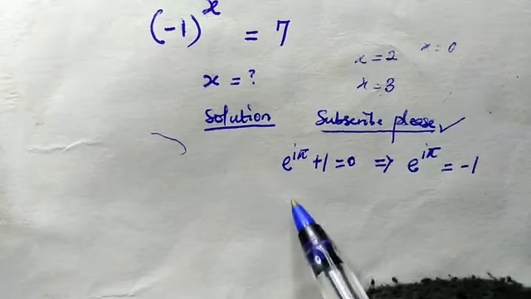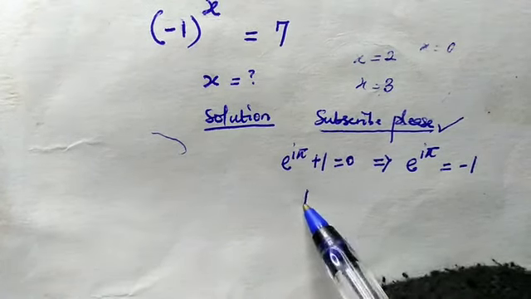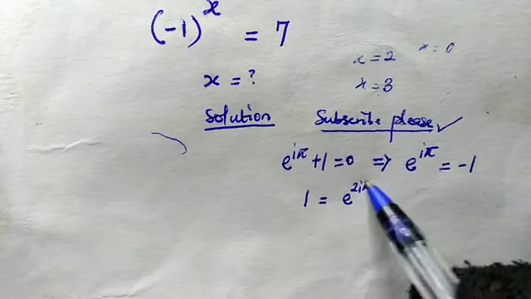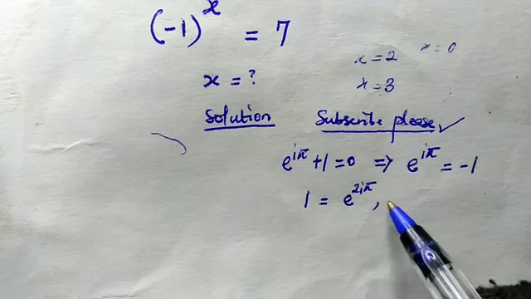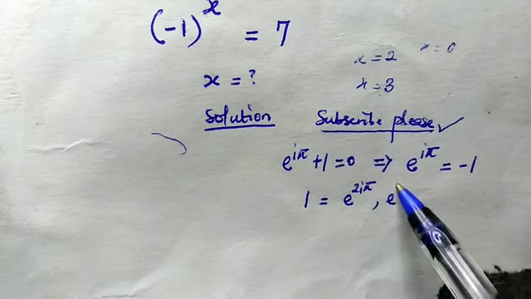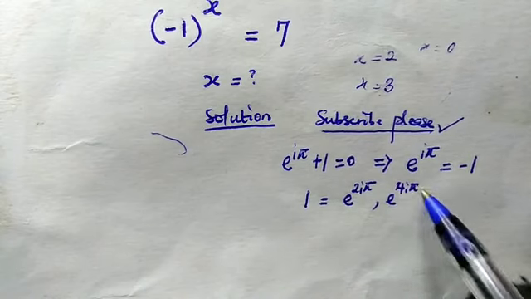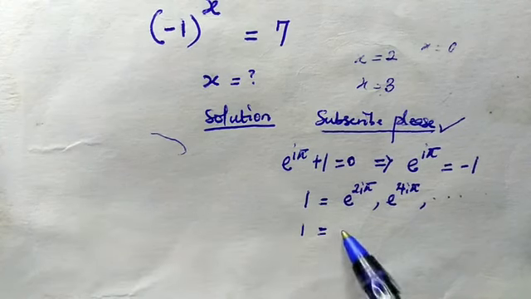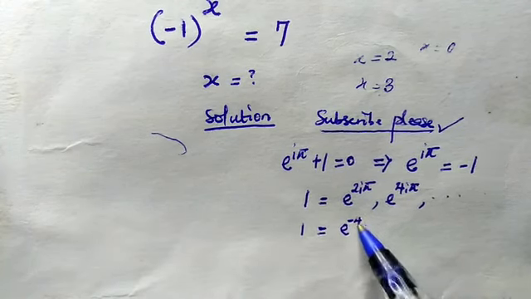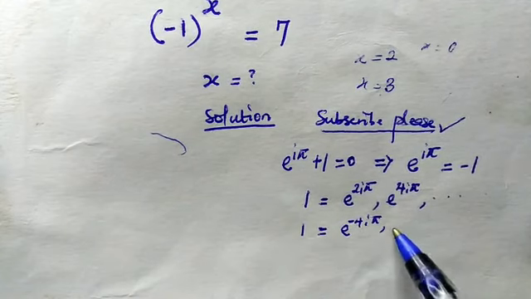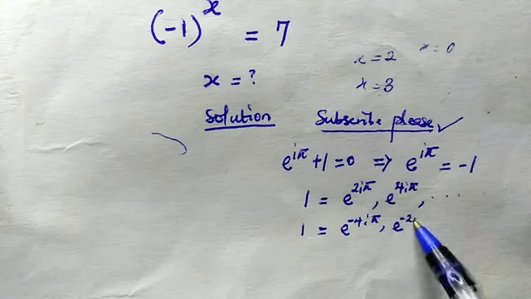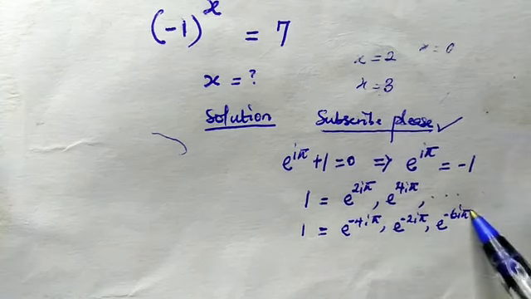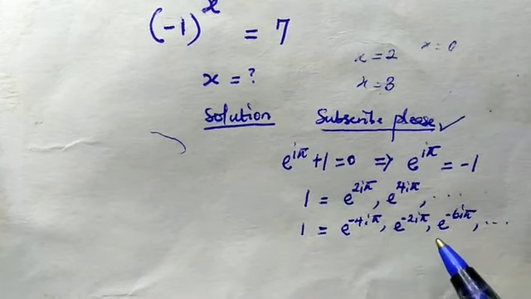Okay, now again, 1 is equal to e to the power of 2i pi. Obviously, this is also equal to e to the power of 4i pi, and so on. 1 is also equal to e to the power of -4i pi, of course, e to the power of -2i pi, e to the power of -6i pi, and so on, right?